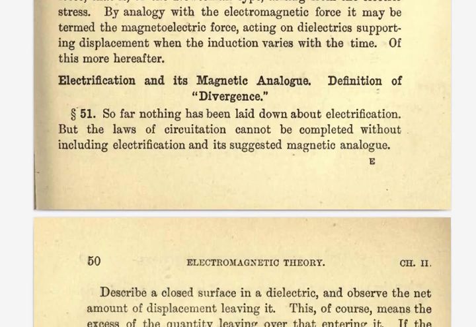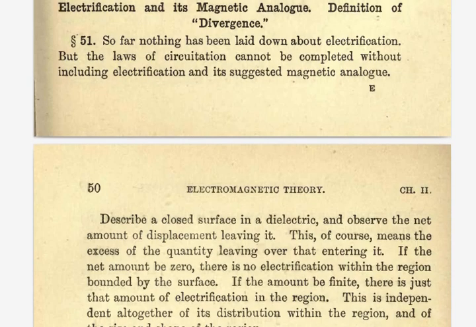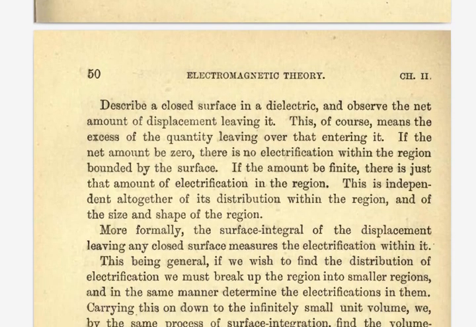Definition of divergence. 51. So far nothing has been laid down about electrification. But the laws of circuitation cannot be completed without including electrification and its suggested magnetic analog. Describe a closed surface in a dielectric, and observe the net amount of displacement leaving it. This, of course, means the excess of the quantity leaving over that entering it.